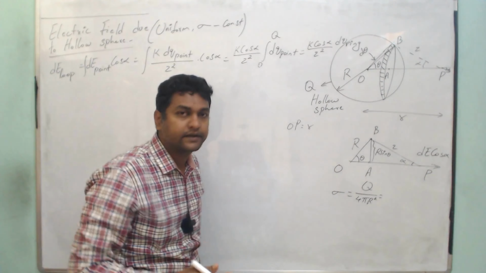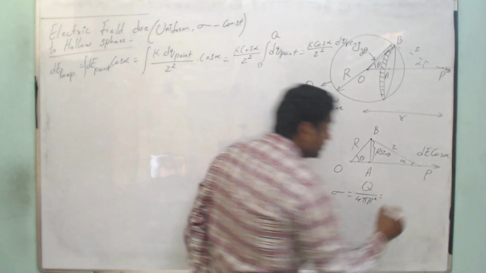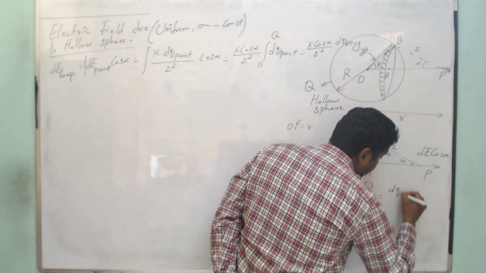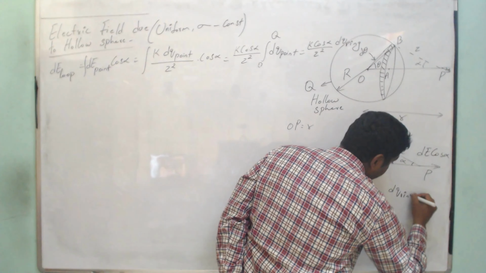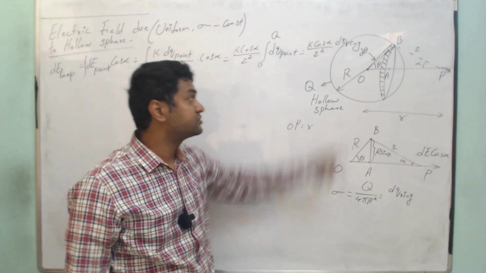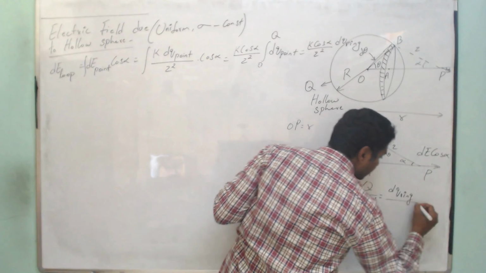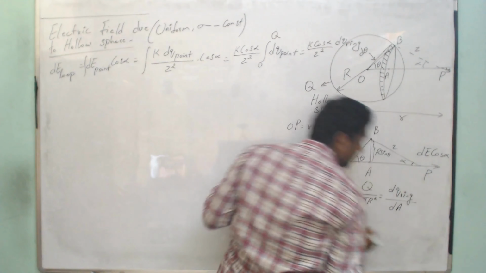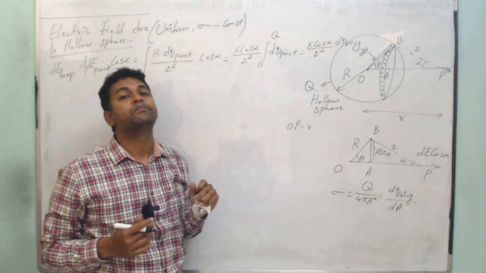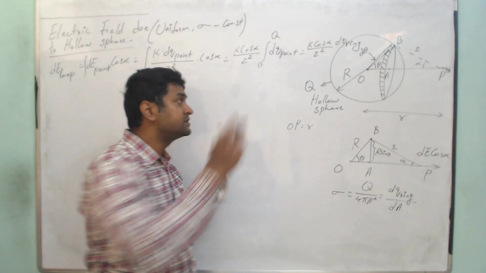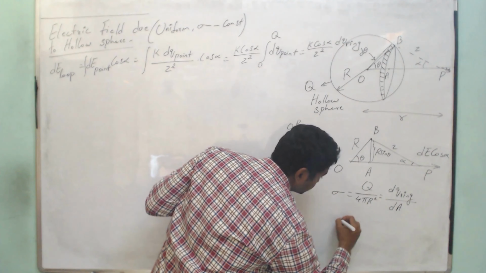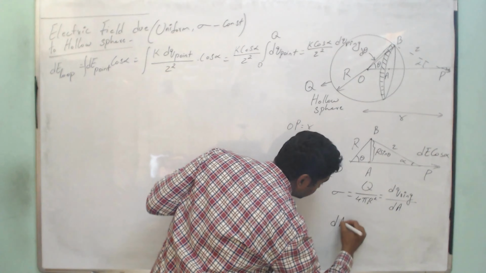Or I can write it as the dq on the ring, the charge distributed along this ring, divided by the area of the ring, dA. What is dA for me in this situation?